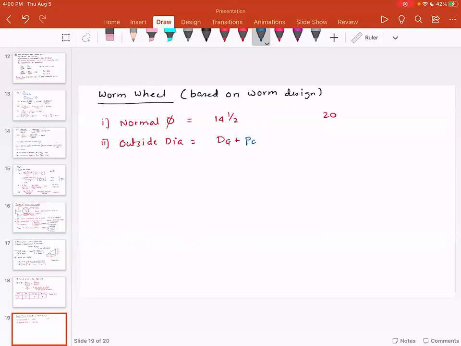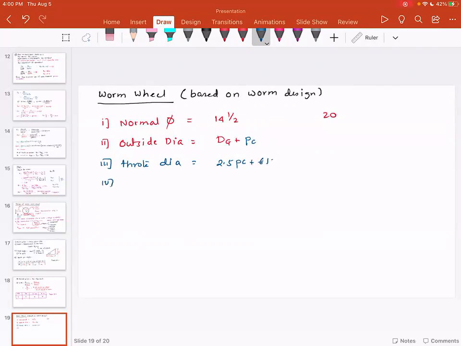Then you can have something called the throat diameter, that would be like 2.5 times circular pitch plus 6.5.